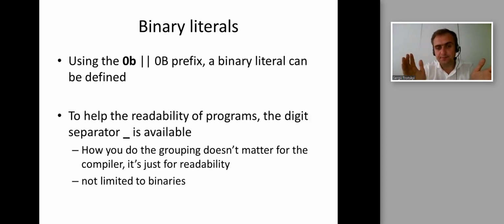And to help us read them later, the digit separator underscore was introduced as well. It does not matter for the compiler, so we could use it just for readability. And the digit separator underscore is not limited to binary literals. It could be used with any other literal like decimal, int, and so on.